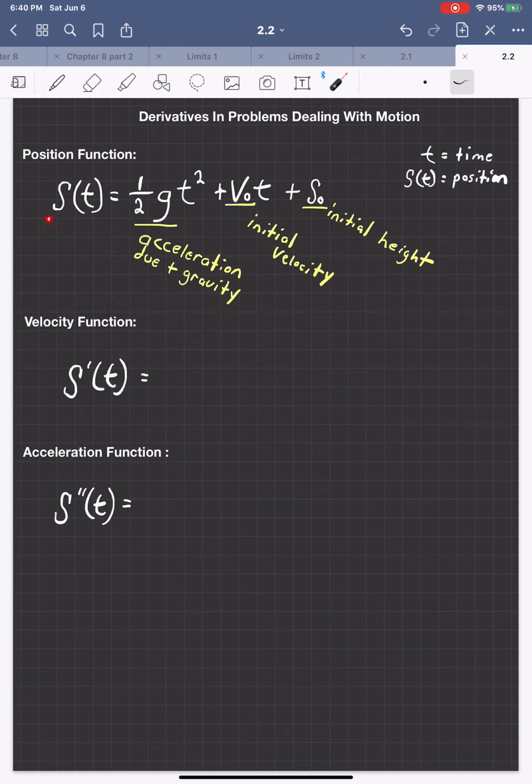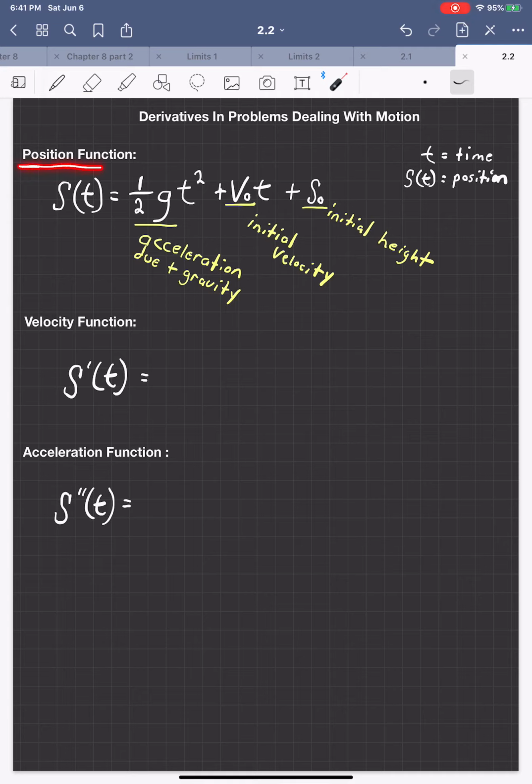So let's go over some language, because if you've had physics before, this would be information that you are already aware of, but it's not a prerequisite to have had exposure to physics for this class. So first, let's talk about the position function. I want you to understand that I'm not a physicist. I've taken a lot of physics classes, but I'm not a physicist, so I will do my best in defining these different functions.